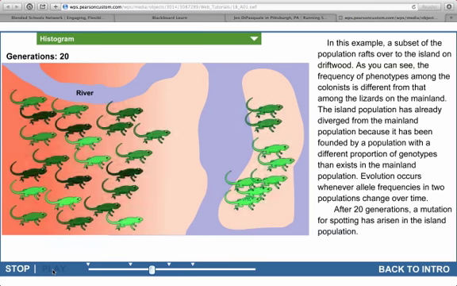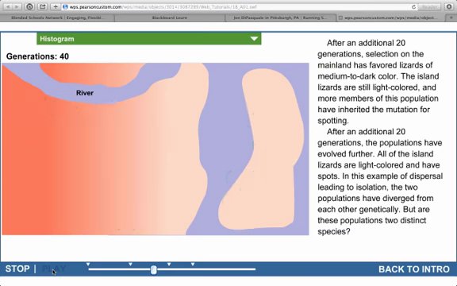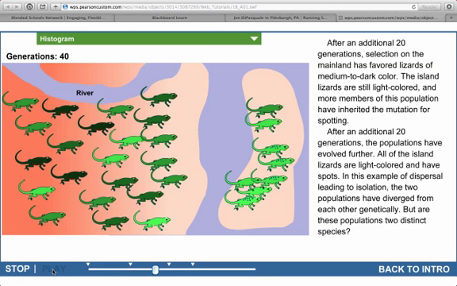After 20 generations, a mutation for spotting has arisen in the island population. After an additional 20 generations, selection on the mainland has favored lizards of medium to dark color. The island lizards are still light-colored, and more members of this population have inherited the mutation for spotting.